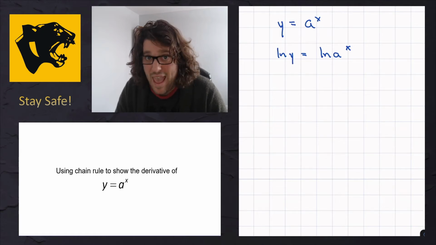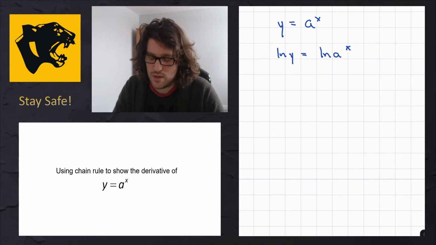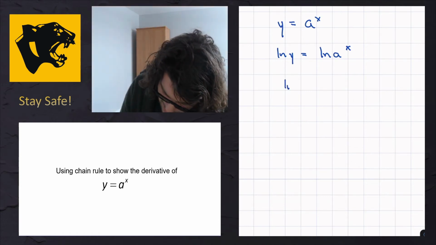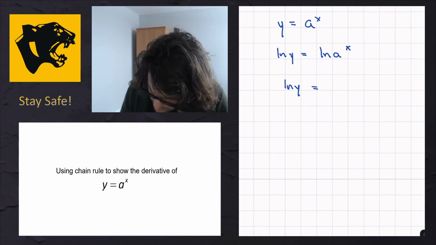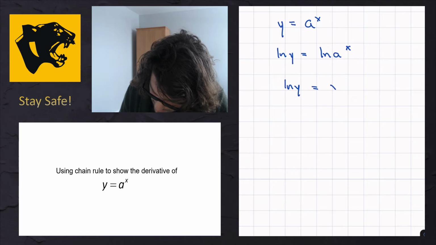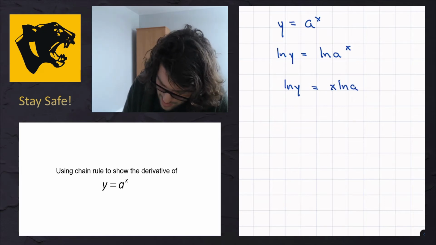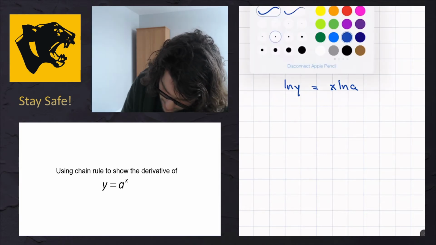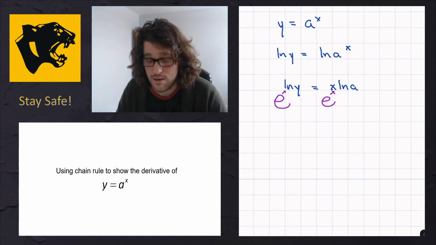The reason I'm going to do this is because I might just not really appreciate that x where it is, especially because I don't know what to do with it now that I have this a involved. So that's going to give me ln y is equal to x ln a, and then I'm going to put that back up and say e to the power of, so I'll write that in a different color just so you can see what I'm doing. e to the power of that stuff is equal to e to the power of that stuff.